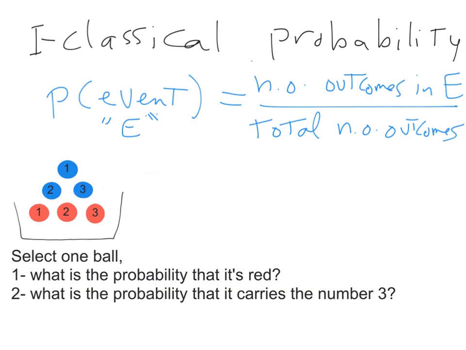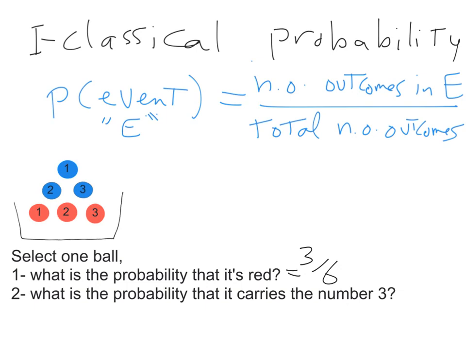Red here is an event because it has 3 outcomes. It could be this red ball or this red ball or this red ball. So I have 3 possible outcomes in the case of red, 3 outcomes out of a total of 6 outcomes. So the answer must be 3 over 6.